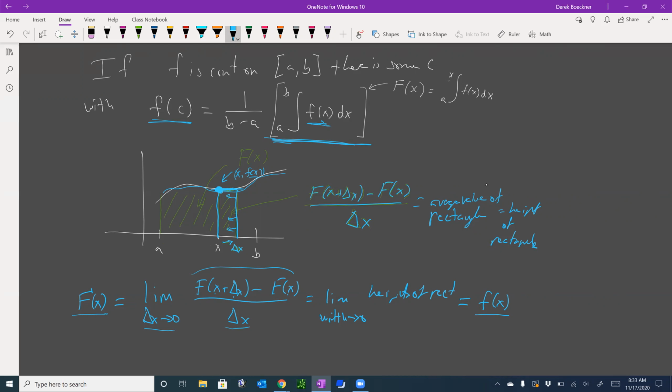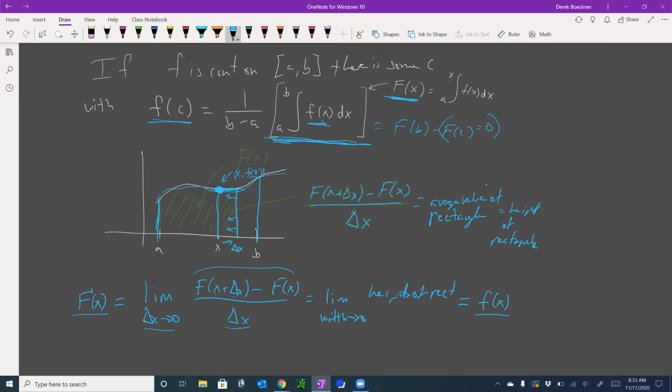Okay. And so that's what's going on here. I'm thinking of the mean value theorem, only the function that I'm using the mean value theorem on is this guy, right? So if I take F of b minus F of a, which is this full area, right? So F of a is 0. So really, this whole thing would just be F of b minus F of a, which is equal to 0 in this case.